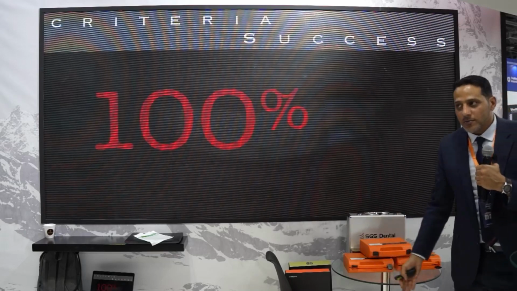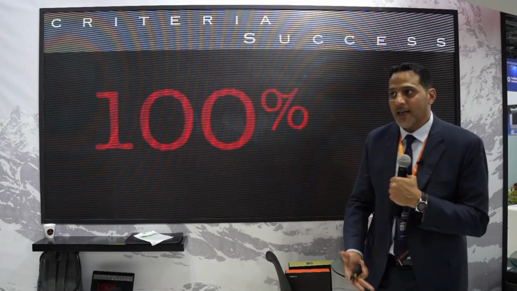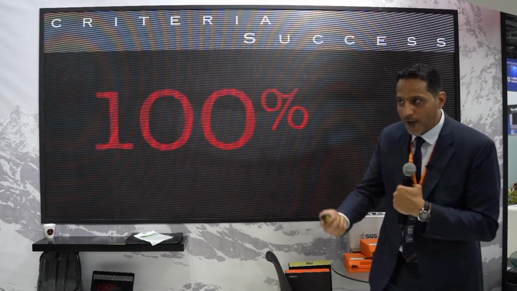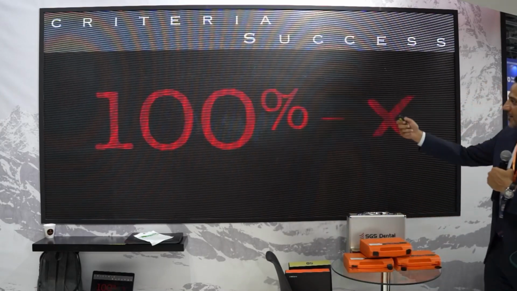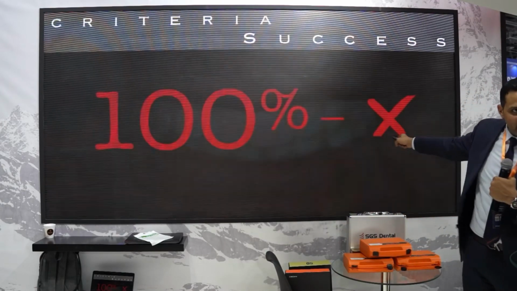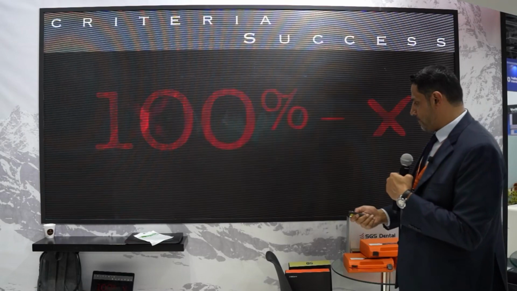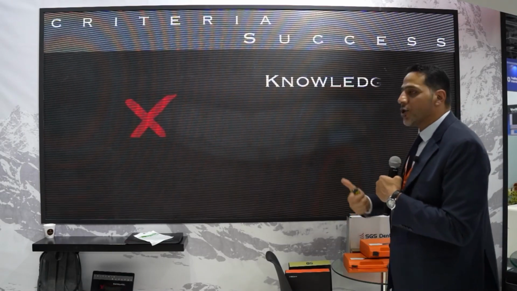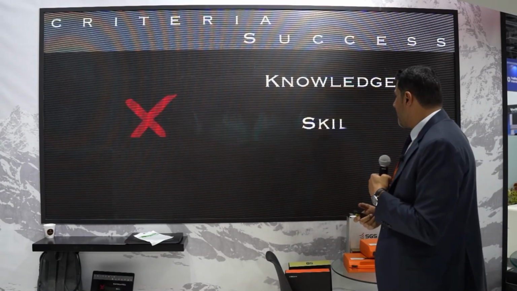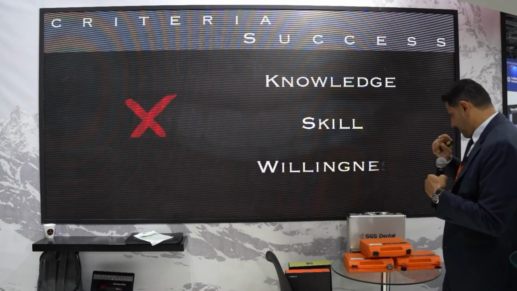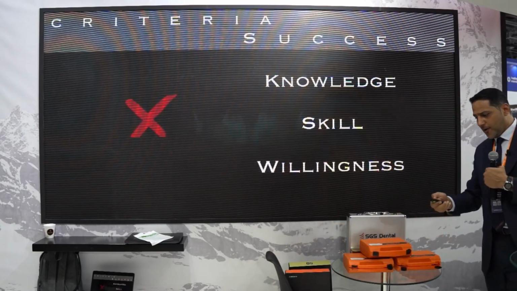So we are all looking for 100% success, but my equation is a little bit different. It is 100 minus X. What does X represent for me? Knowledge, skills, and willingness to do things. Okay?